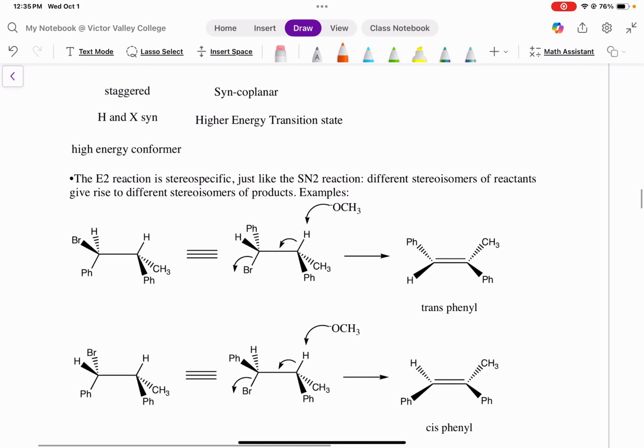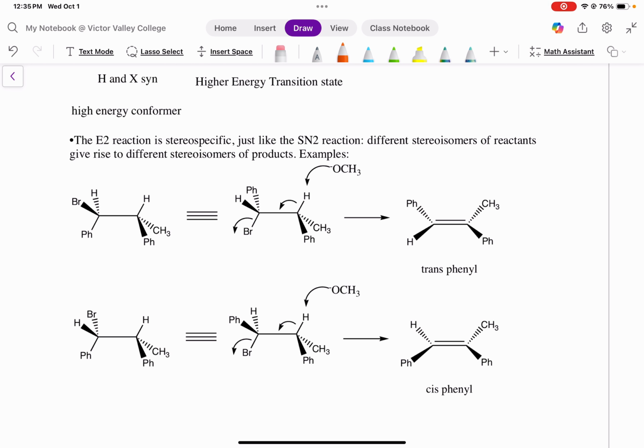So for example, this one right here, you got the bromine taken off, eliminating the hydrogen, and then forming the double bond. So this is a trans product, because of the way the hydrogen is eliminated, always trying to stay away from the bromine. Now, if you turn it around a little bit, notice the difference.